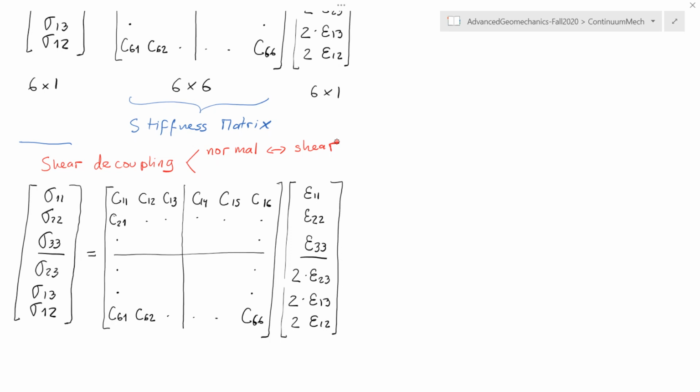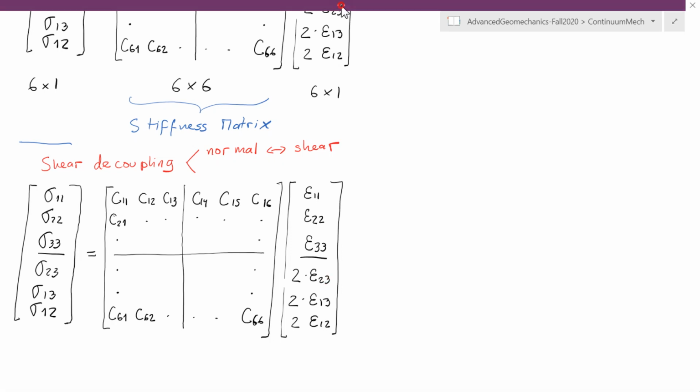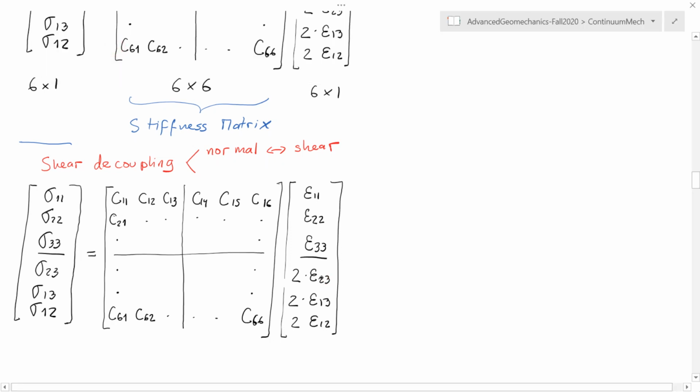We're going to see an exception to that in a little bit, but in general, this is going to be the rule that tells me that, for example, these shear strains over here, epsilon 23, epsilon 13, epsilon 12, cannot cause any normal stress, sigma 11, sigma 22, and sigma 33. As a result, in order to enforce that condition, when I multiply a row times a column, these elements over here have to be 0.